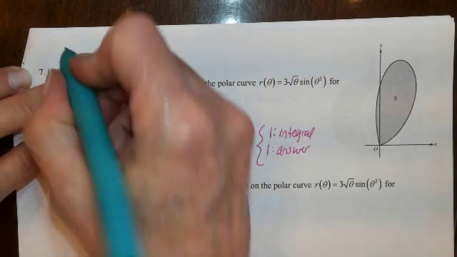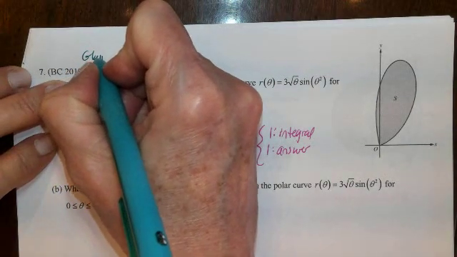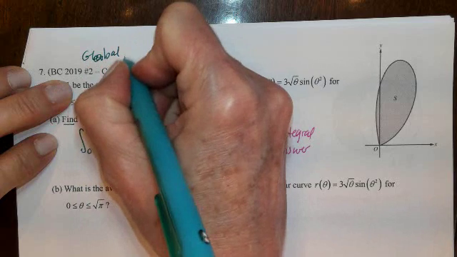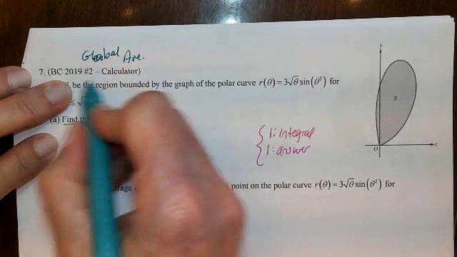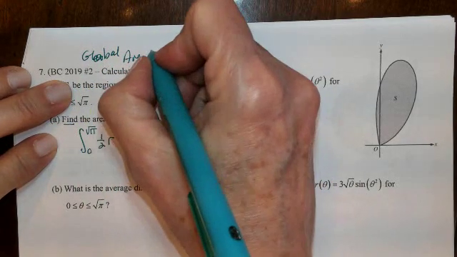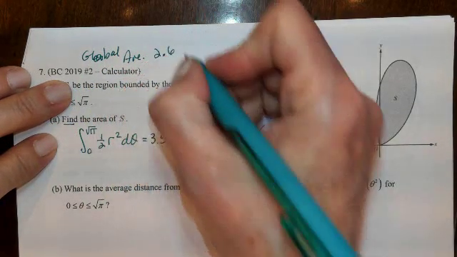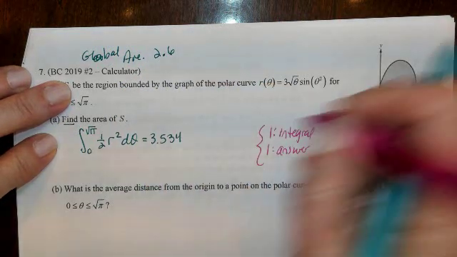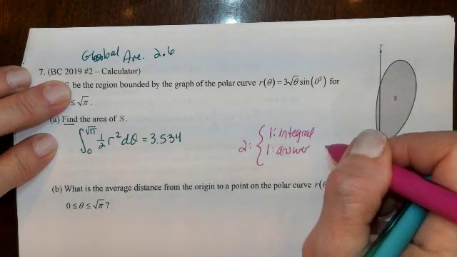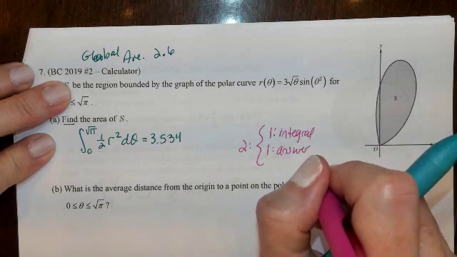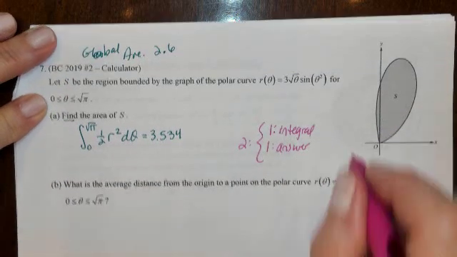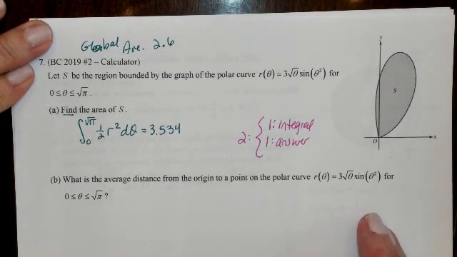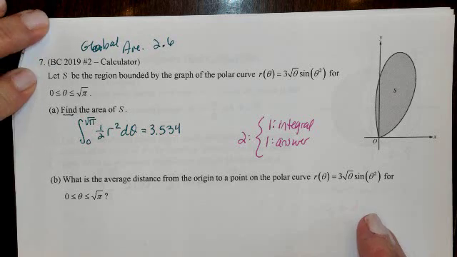This year, the global average for this entire problem was only 2.6. So if you got these 2 points, you're already doing pretty good compared to the globe. Let's see if you can pull out another point and get ahead of that global average.